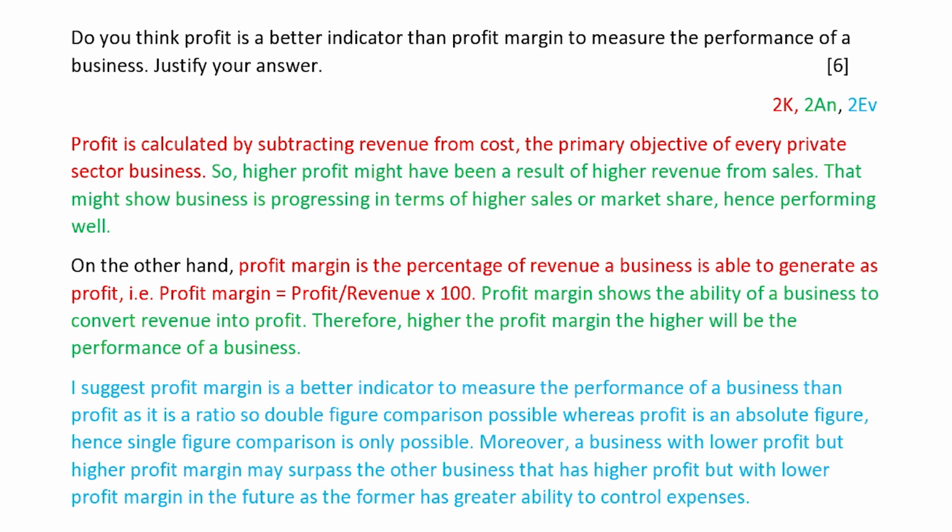Moreover, a business with lower profit but higher profit margin may surpass the other business that has higher profit but lower profit margin in the future, as the former has greater ability to control expenses. So now I explained that even if a business is earning lower profit, if it has a higher profit margin, in the future that business will be very successful, even more than those businesses that have higher profit currently but a lower profit margin.